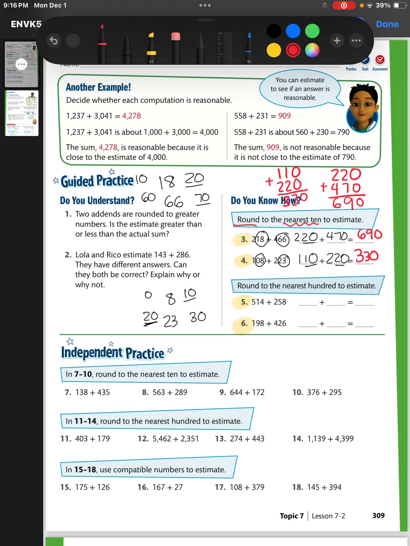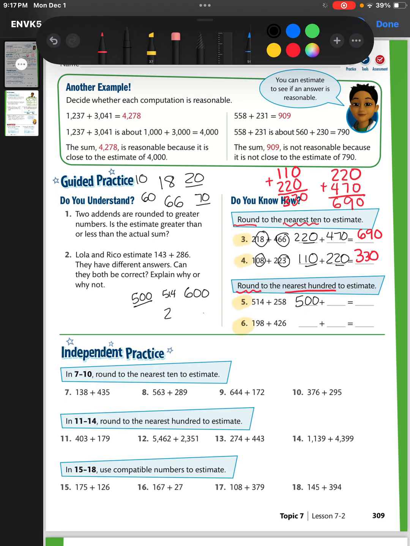Now I'm going to go on here and I'm going to round to the nearest 100. Doing the same thing. So I am looking at 514. 514 is between 500 and 600. Is 514 closer to 500 or 600? And in this case, I already know that it's going to be a lot closer to 500.